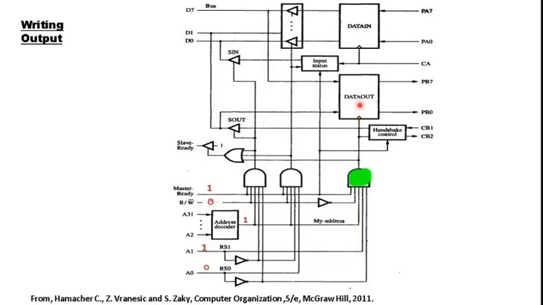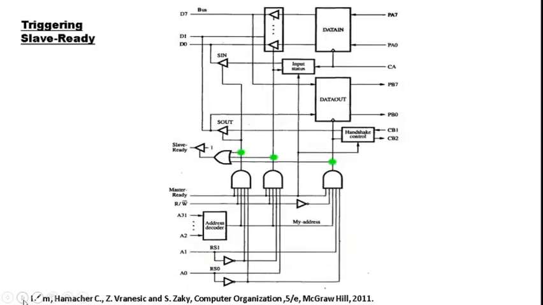Data out is our output register, which might already have the content written by the master, or by the CPU. On seeing the active edge, it clocks in the contents from the master, or from the CPU, and later when the device is ready, it can take out the data as intended.